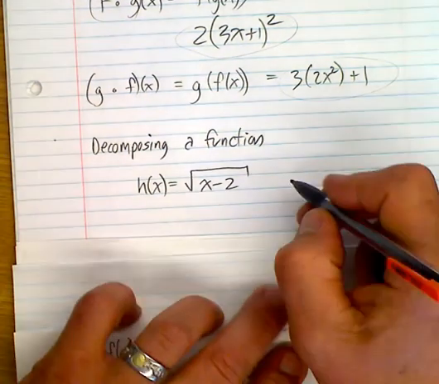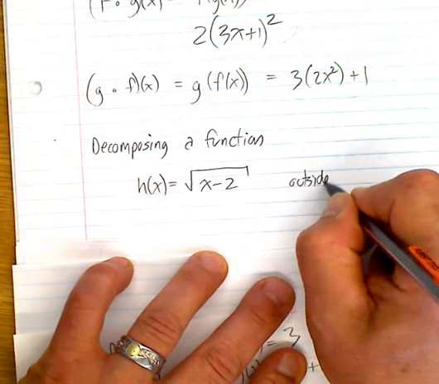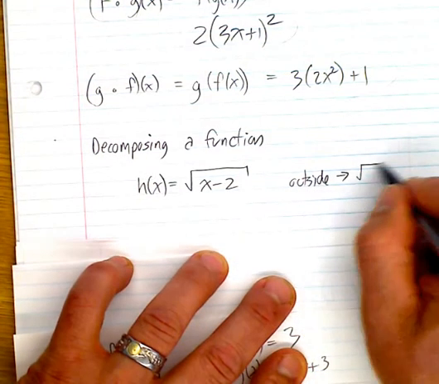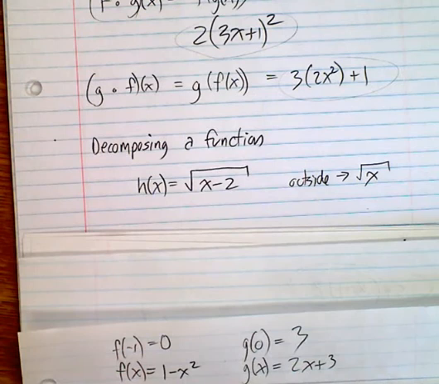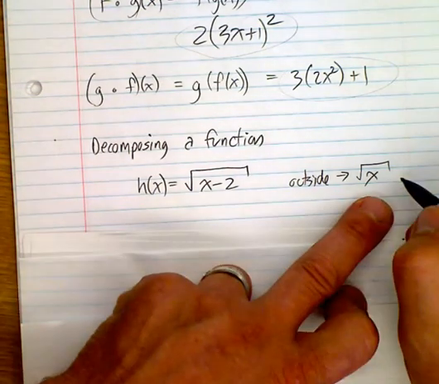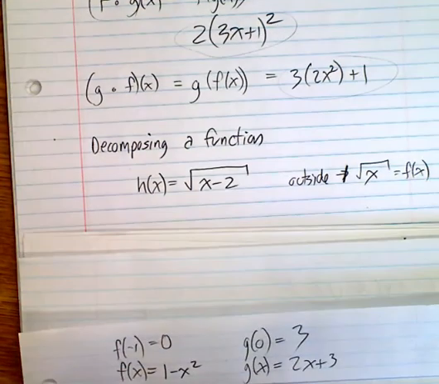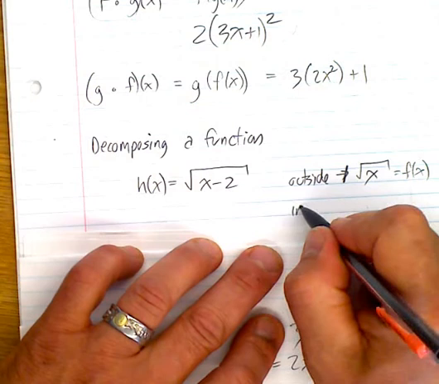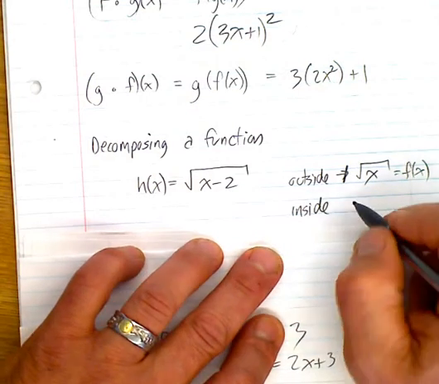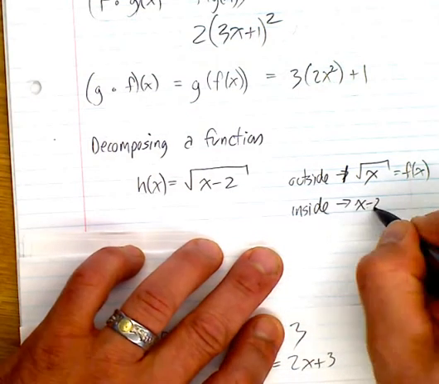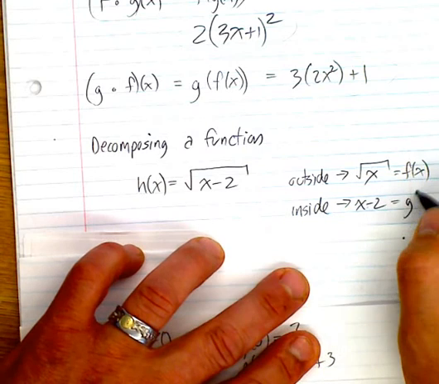Well, what's the outside function? The outside is the square root of x, right? And we can call that, say, f of x. And then the inside, okay, the inside looks like a linear function. It's x minus 2. Let's call that g of x.